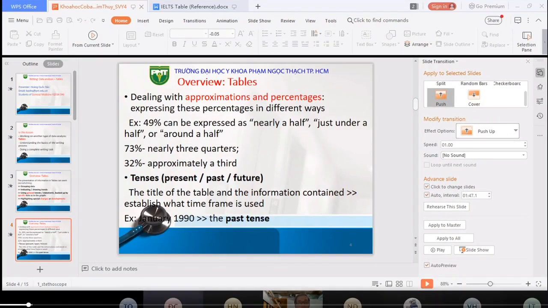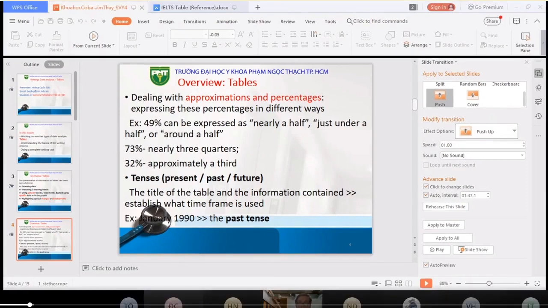So this is what I taught you last week. Sometimes when you support with a figure, we cannot give the exact figures, so we use some phrases to show approximations and percentages.